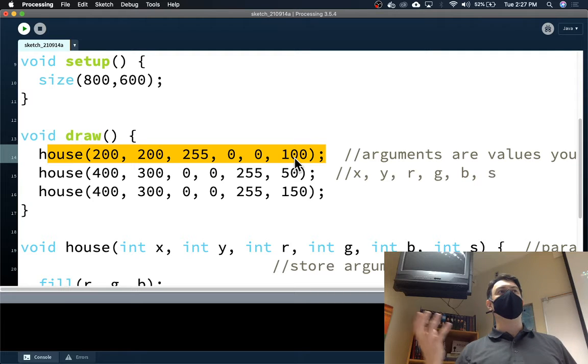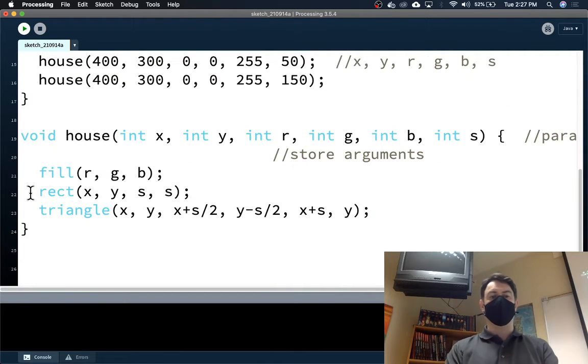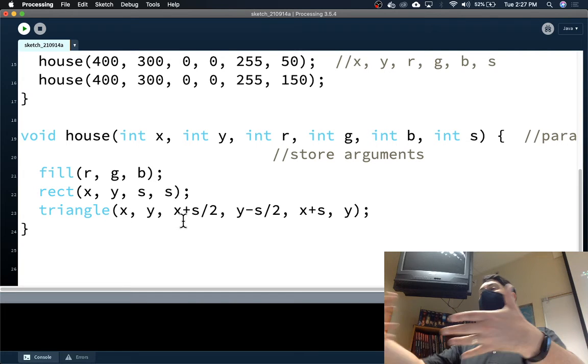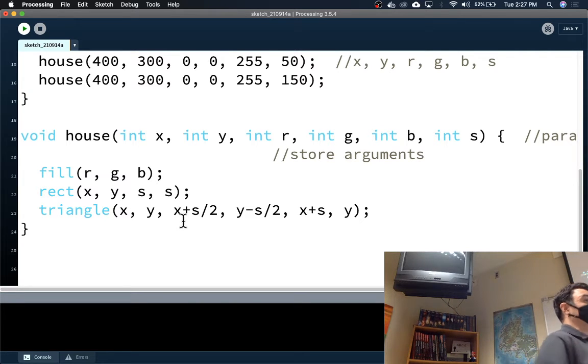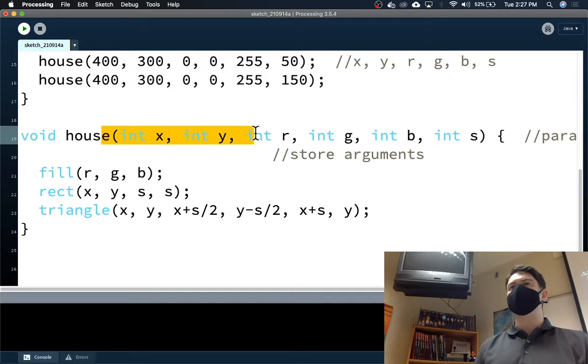In fact, you can make a neighborhood function that draws houses, just like we have a house function that draws rectangles and triangles. So you could endlessly build upon this to make more and more structures, and that's what we're going to be doing in programming. So there's our house function, and thanks for checking that out.